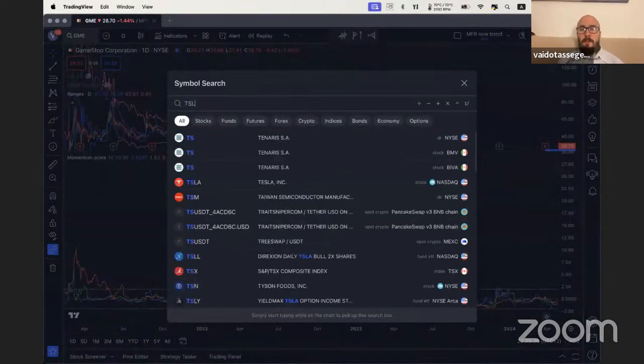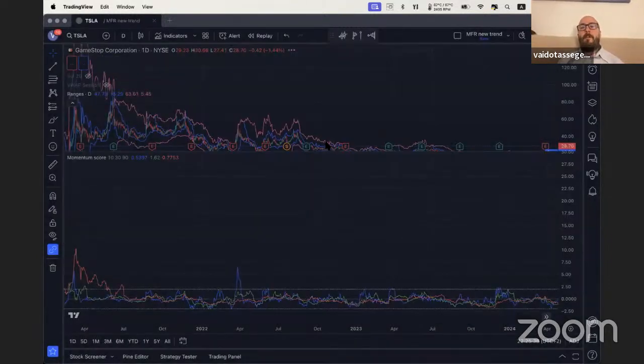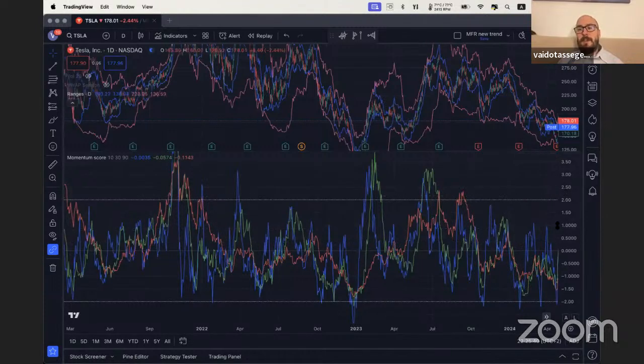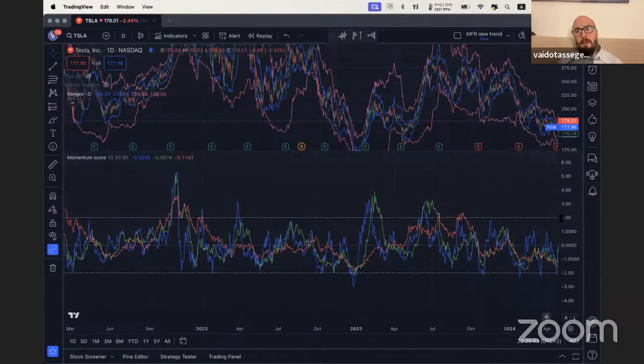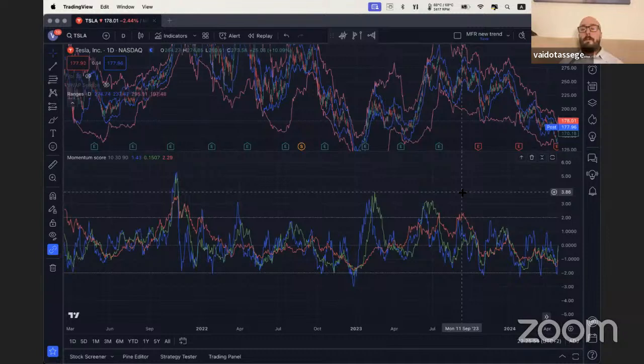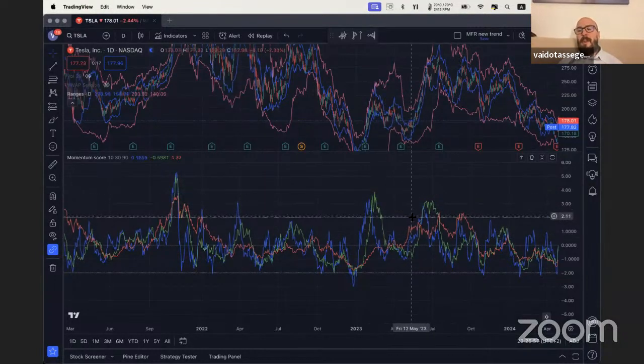And if we go back to Tesla, because 2, we can see multiple scenarios where especially mid and short-term momentum was above 2 before the reversal. So this is the easiest way to check the relative levels for the assets.